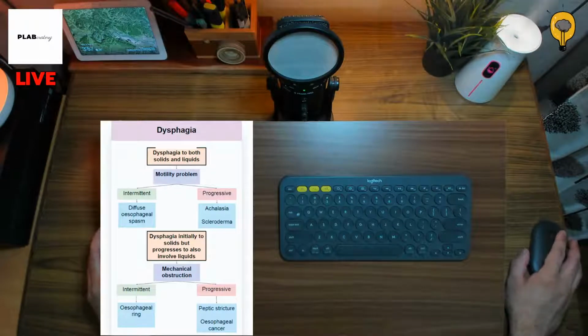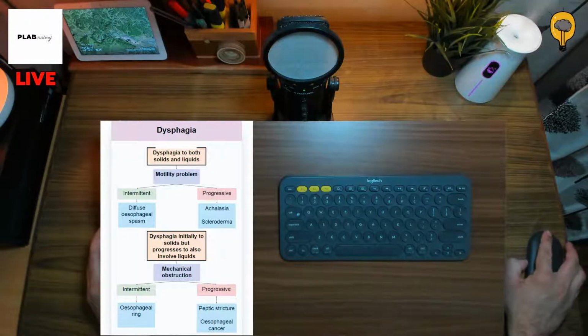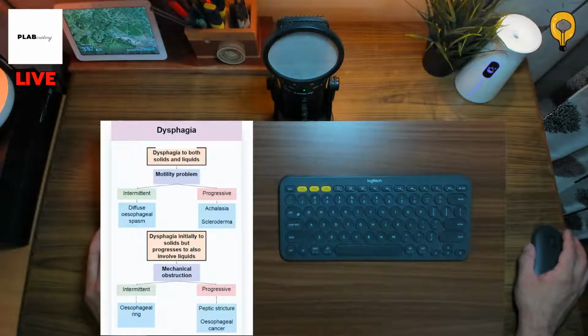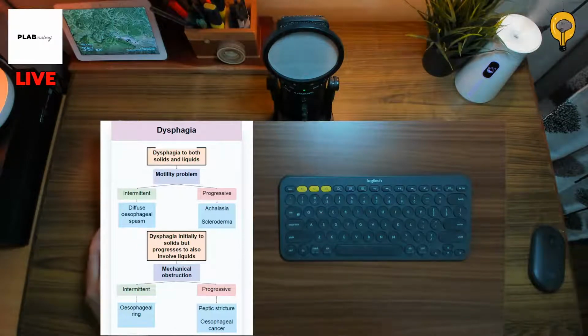Now, dysphagia can be of different types. Dysphagia to both solids and liquids is indicating motility problem, which can be intermittent or progressive.